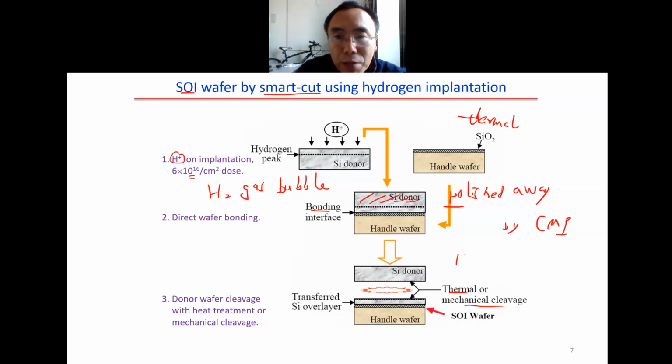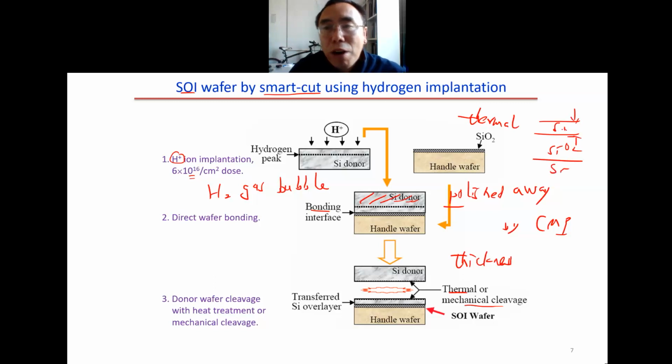This way the thickness can be any number. The top layer, silicon oxide, silicon, can have any thickness, for example 100 micrometer or 10 micrometer. But for ion implantation, it's always less than 1 micrometer.